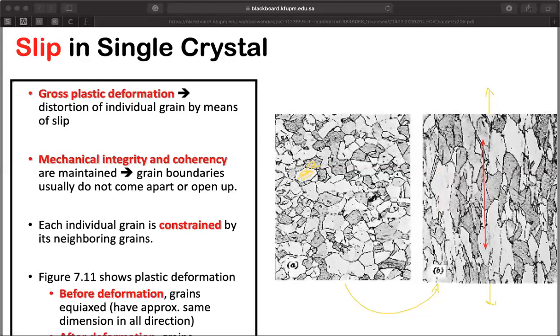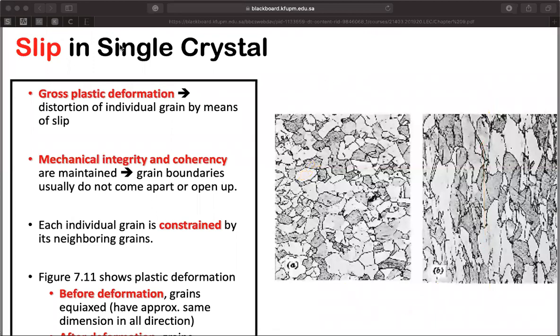It is better to represent it by something like this. So the result of plastic deformation is that we are elongating the grains of the material. Okay, so the message from this slide: it's difficult to plastically deform the material, and what's happening as a result of plastic deformation is that we are elongating and deforming the grain shape that we have here.